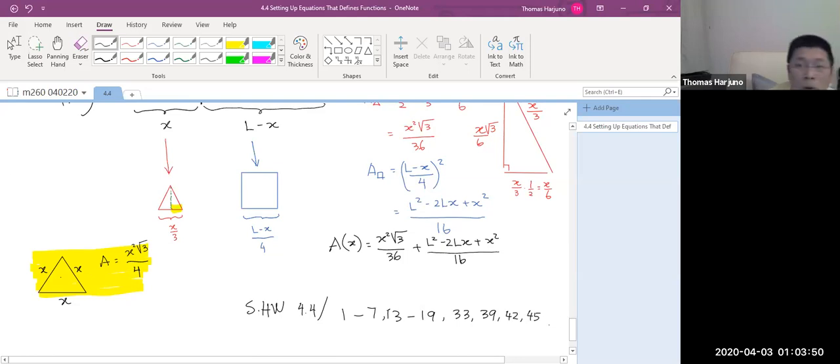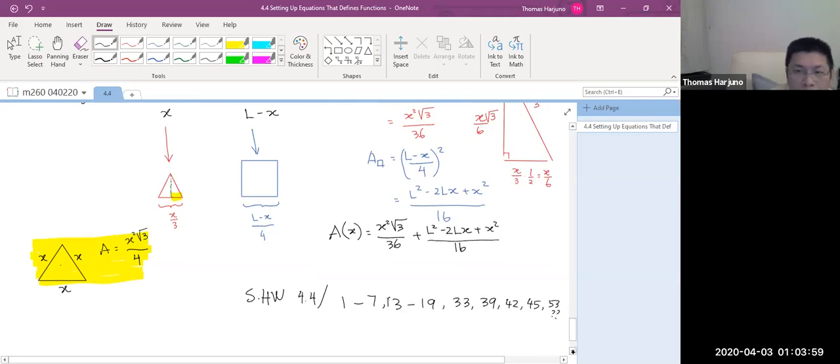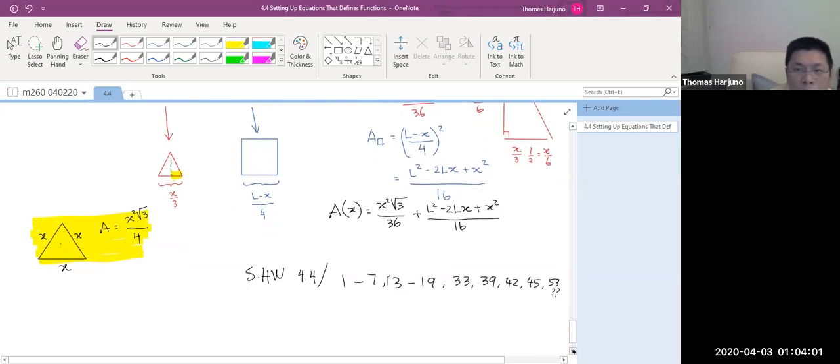Number 54, and number 53 you should try also, but I think that could be very long. I'm not sure though. I'll try to do it later.